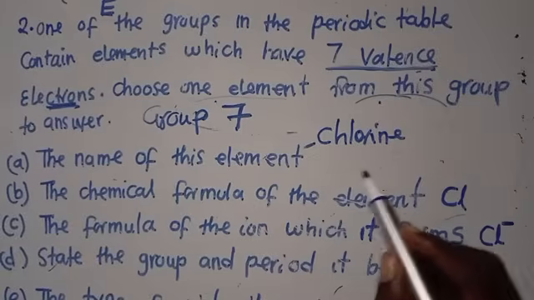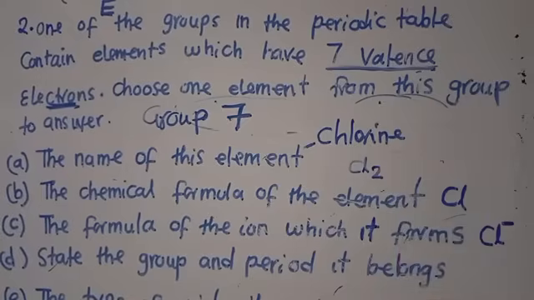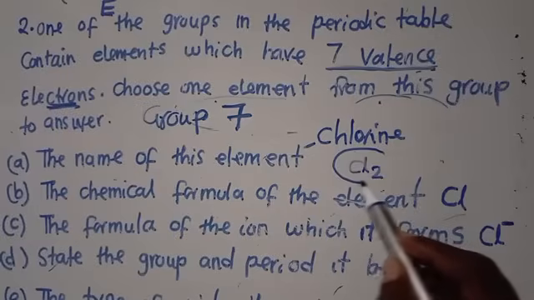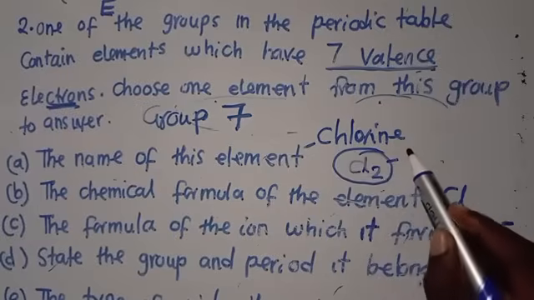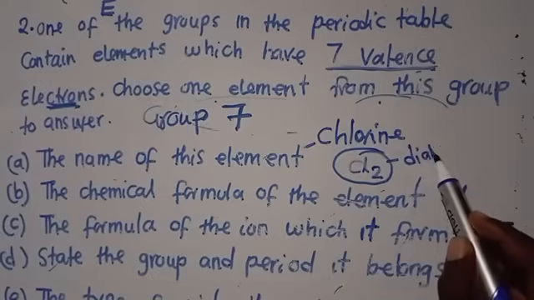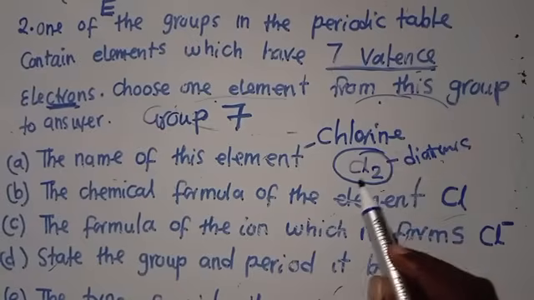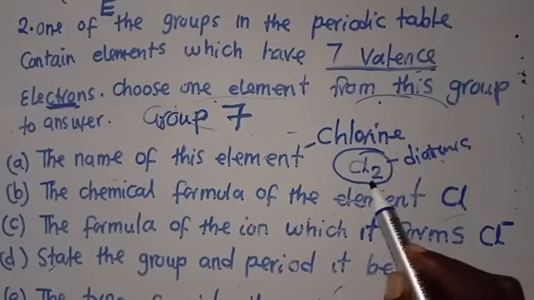The question is saying an ion. I can see people writing Cl2 like this. No. When you write like this, you are telling us that all those elements from group 7 form diatomic atoms, so you are telling me that it is forming a diatomic atom.